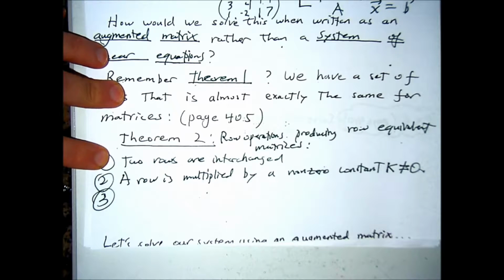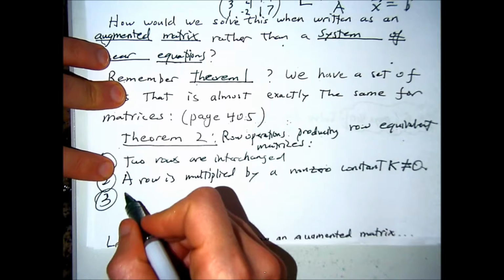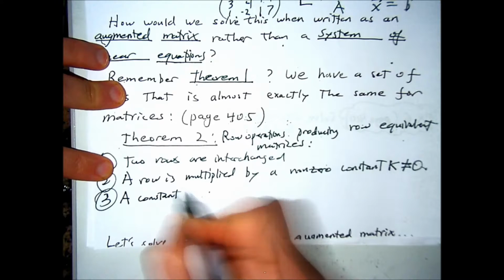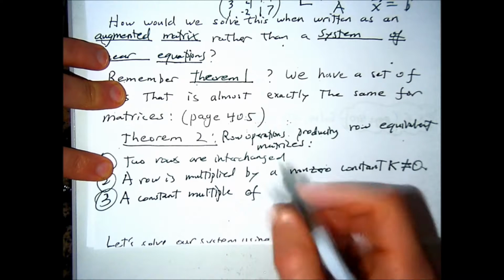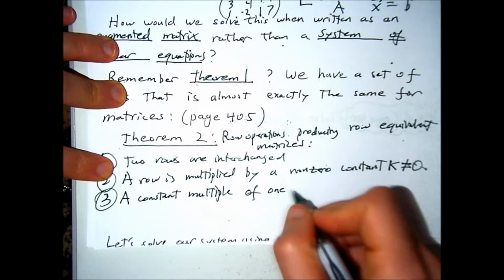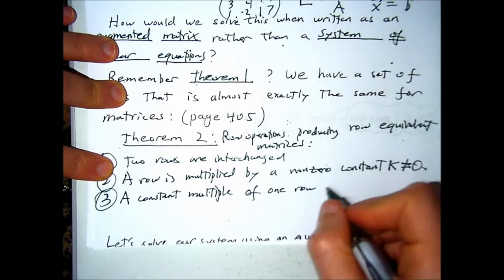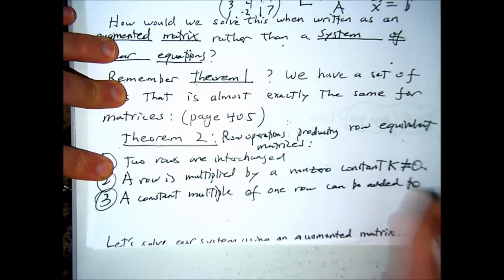Great. Now, here's the big one. A constant multiple of any row can be added to any other row.